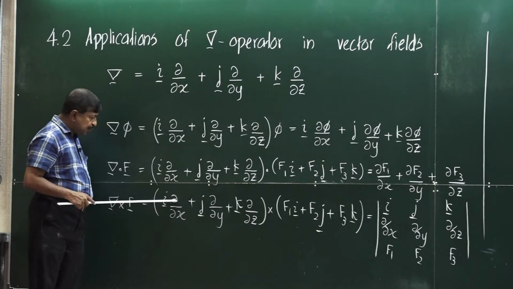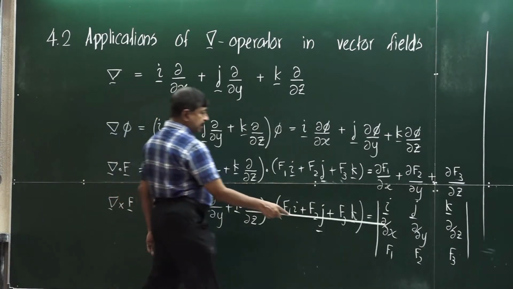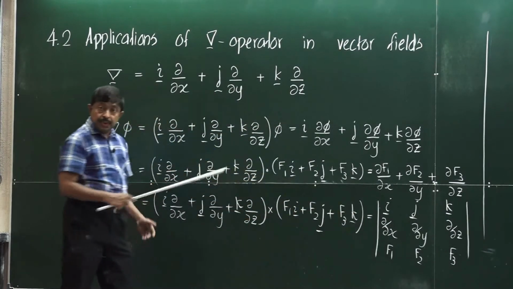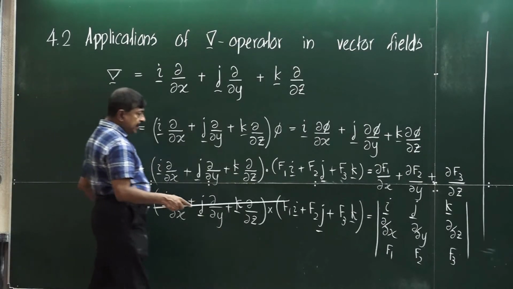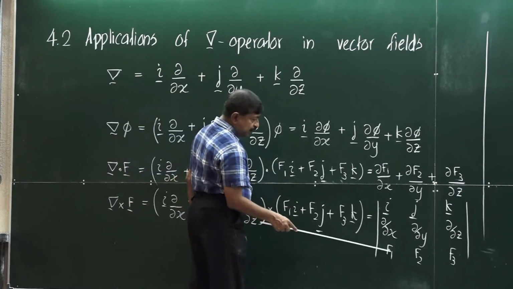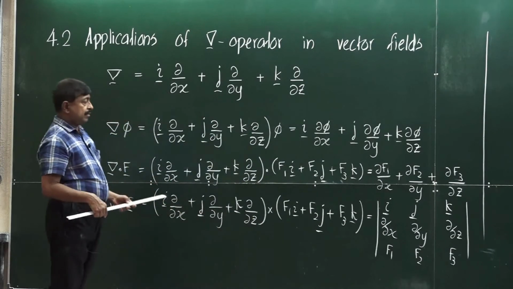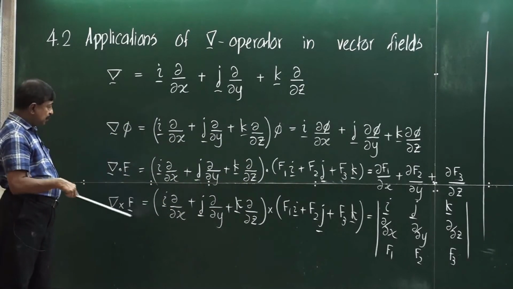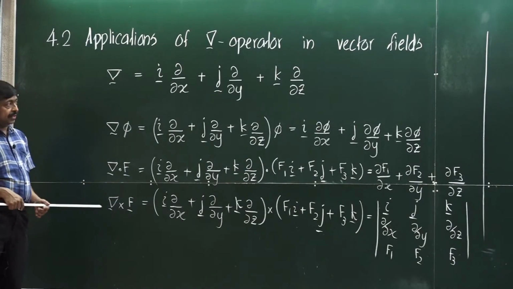The components of the operator, partial over partial x, partial over partial y, and partial over partial z, go in the second row, and finally, the components of the vector fall in the same order in the third row. So, you evaluate the determinant, and it is a vector.